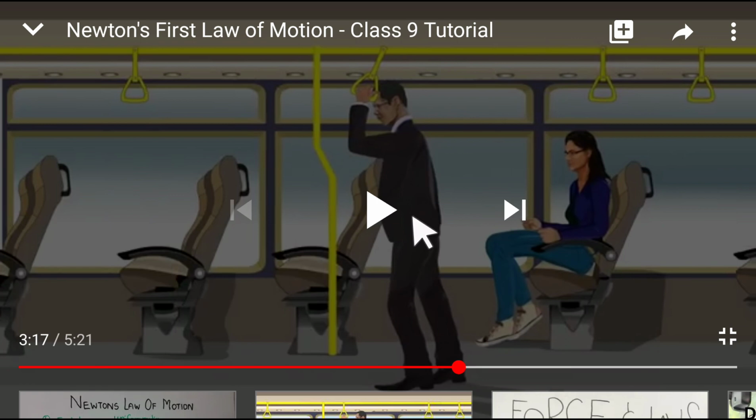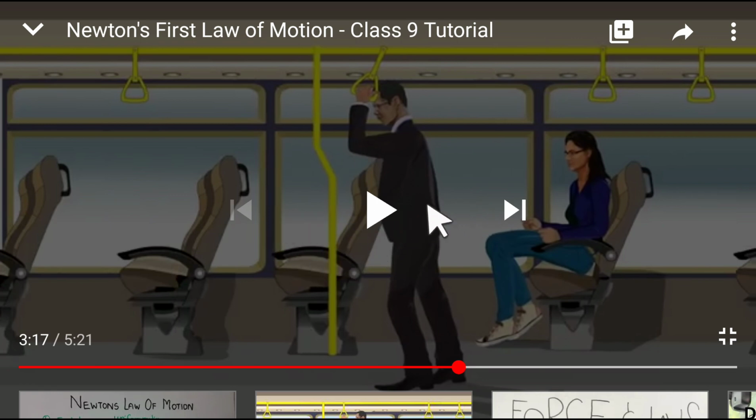How did this happen? Same thing, the bus was in motion, so the feet which are in contact and the remaining body were also in motion. But when brakes were applied, all of a sudden the feet which are in direct contact with the bus came to rest. But the remaining body, due to the property of inertia, tried to remain in motion.